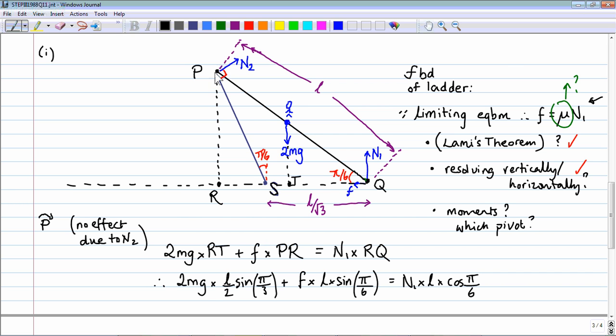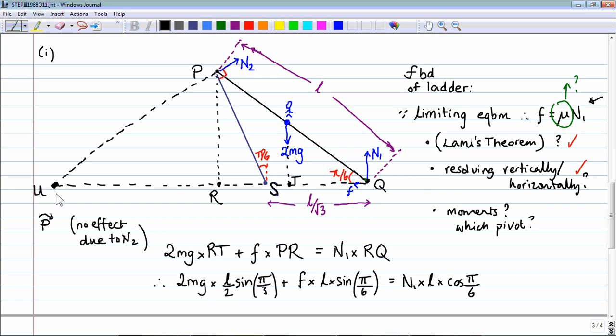If I draw the line of action of N2, I want a pivot point which is on this line of action, because I want the effect of N2 to be 0. But I also want the effect of F to be 0. So I want the point which is the crossing point of the lines of action of the two forces which I do not want to include in the equation.